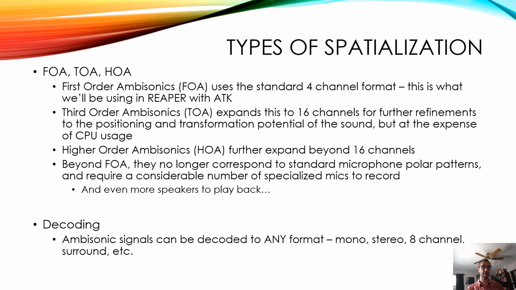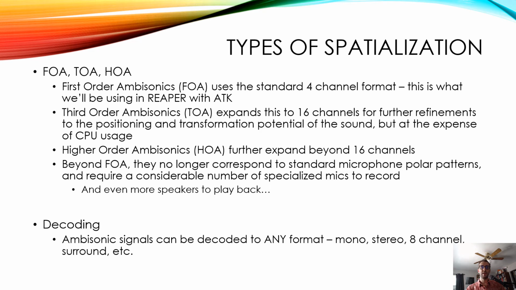Then there is higher order Ambisonics, which goes even further beyond 16 channels. But beyond first order, they no longer correspond to standard microphone polar patterns and require a huge number of specialized mics to record and even more speakers to play back. So unfortunately, we will not be exploring those in class.